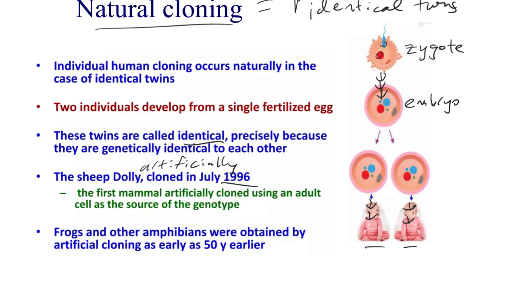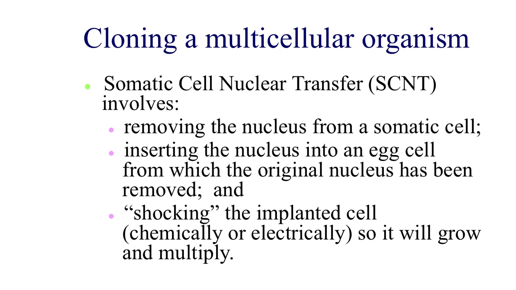But there's issues with that, because the vast majority of your tries die, or they develop into embryos with severe mutations. Okay, this process that I described of taking a nucleus out of a somatic cell and transferring it to an empty egg where the nucleus has been removed is called somatic cell nuclear transfer, or SCNT.